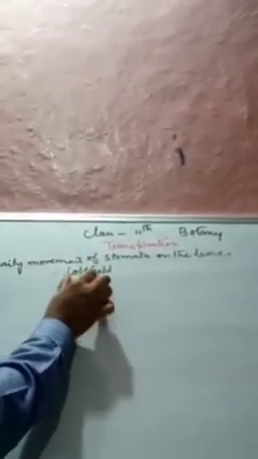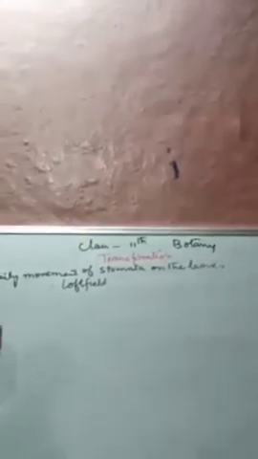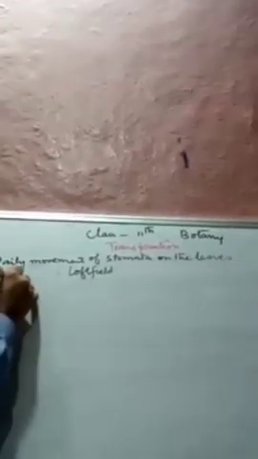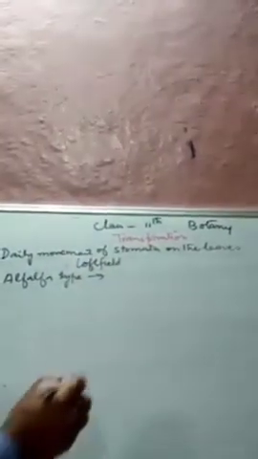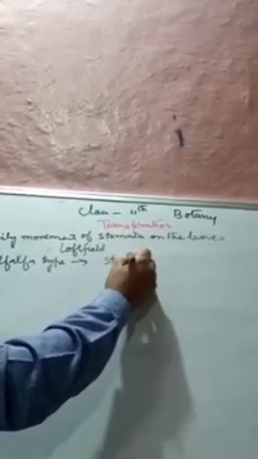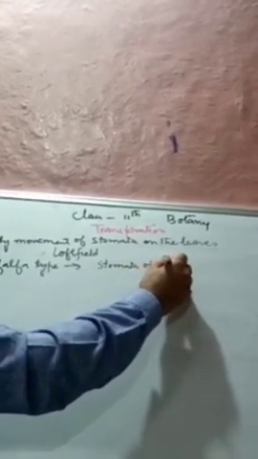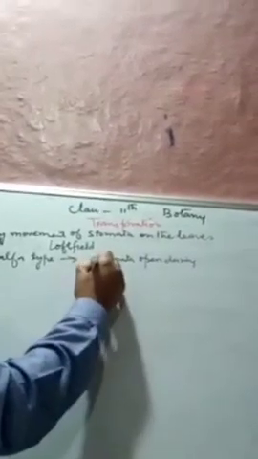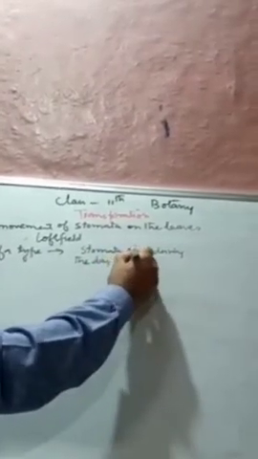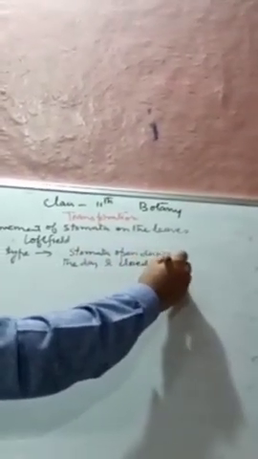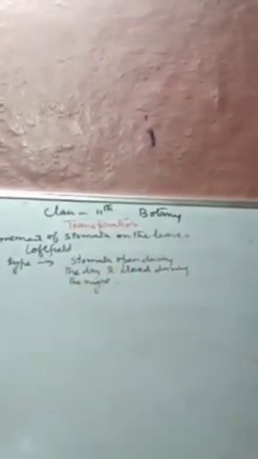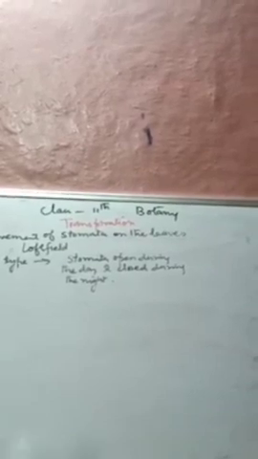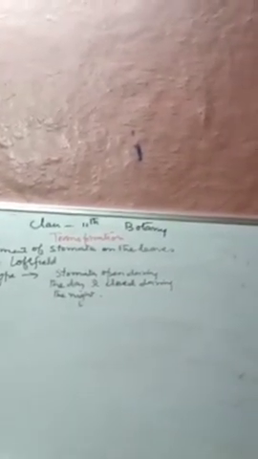Loftfield gave us 4 different types of stomata movement. First one is called the alfalfa type. In this type, stomata are open during the day, but when night comes they close, and remain closed during the night.